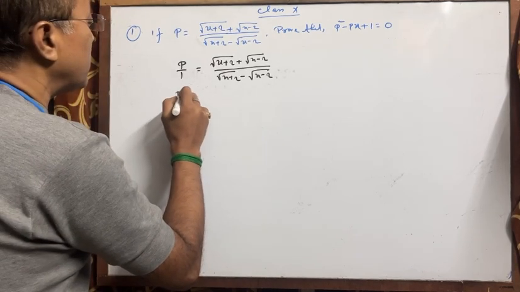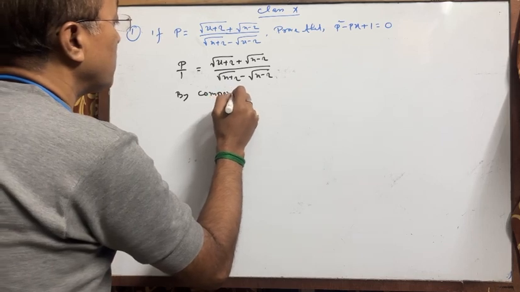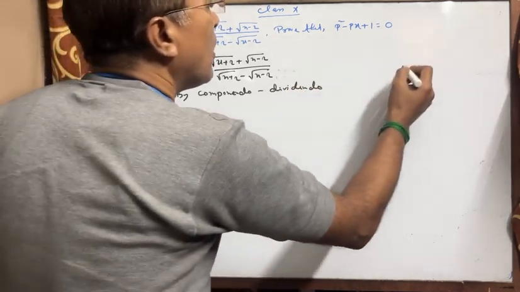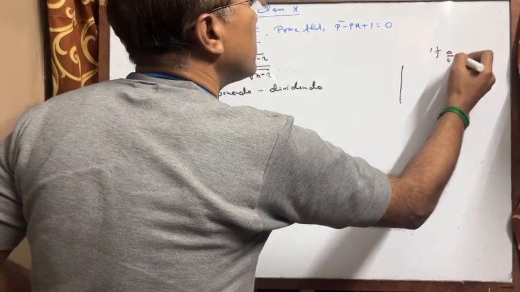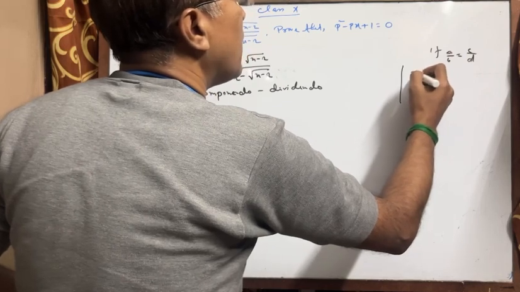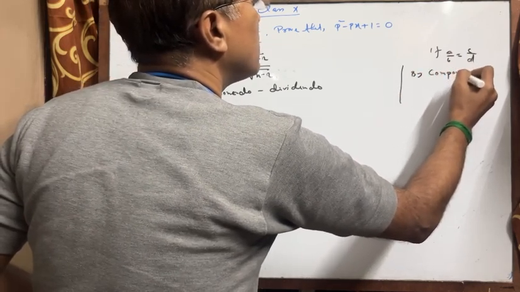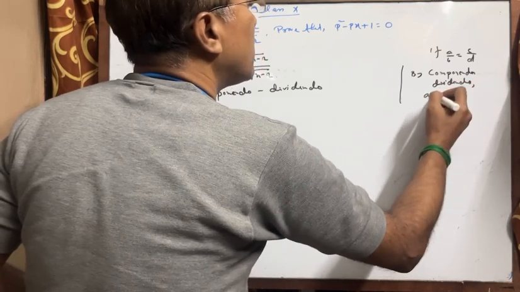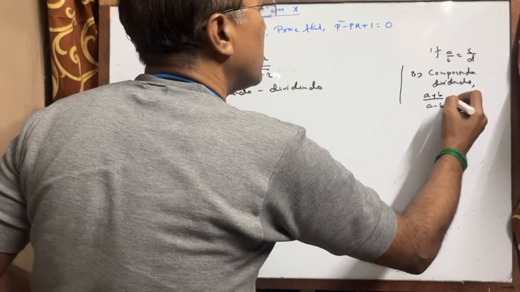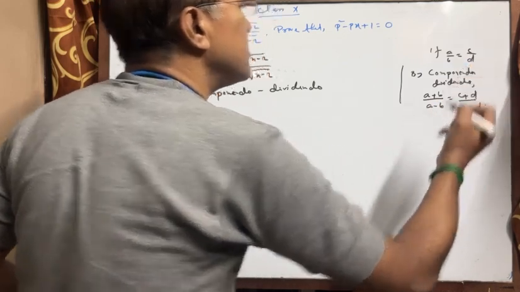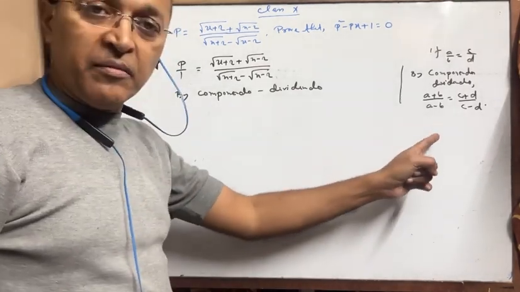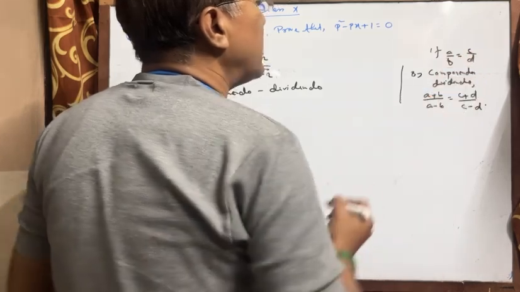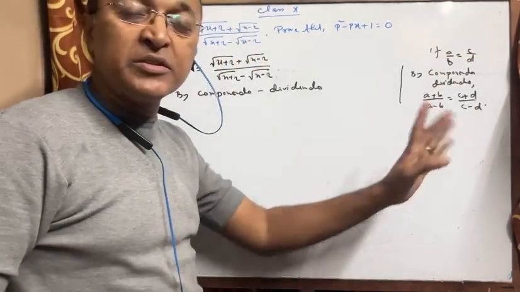By componendo dividendo, I think all of you know, if a by b is equal to c by d, then we can write a plus b by a minus b is equal to c plus d by c minus d.